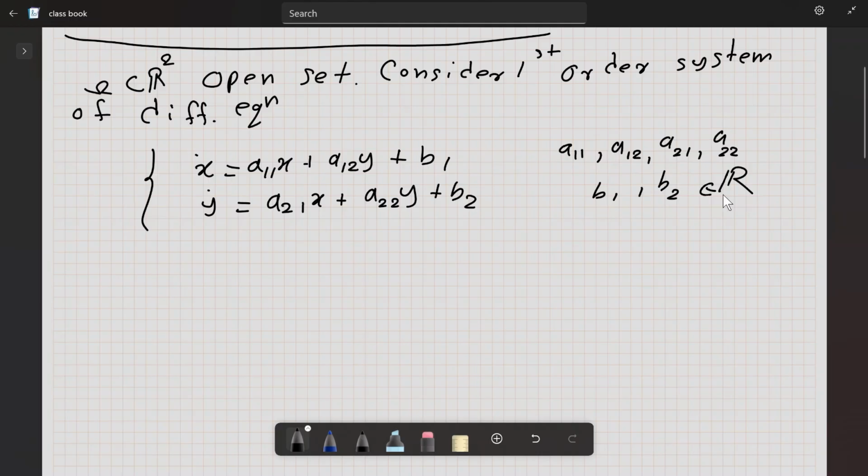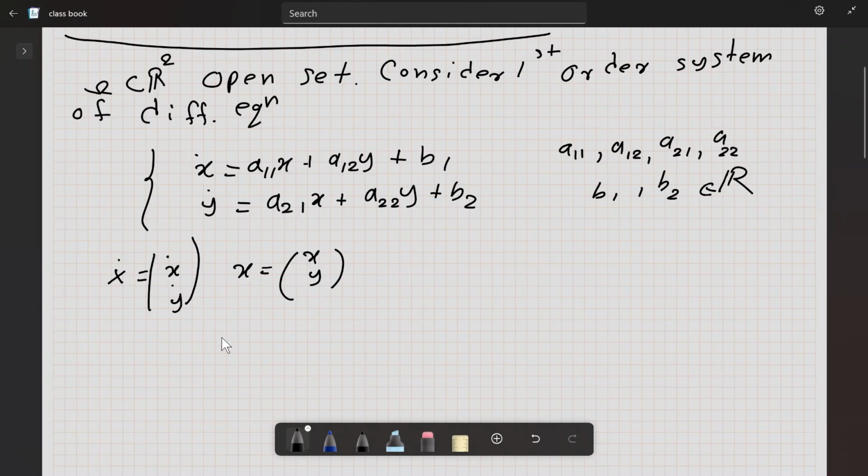Now I denote x dot as the column vector x dot and y dot, and x is equal to (x, y).